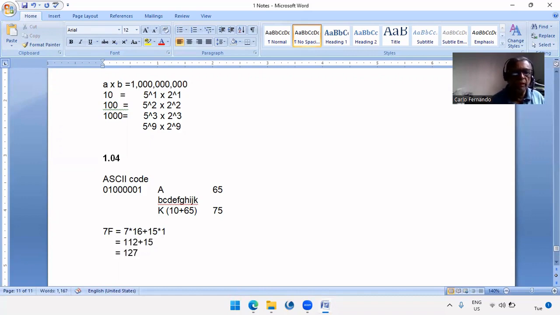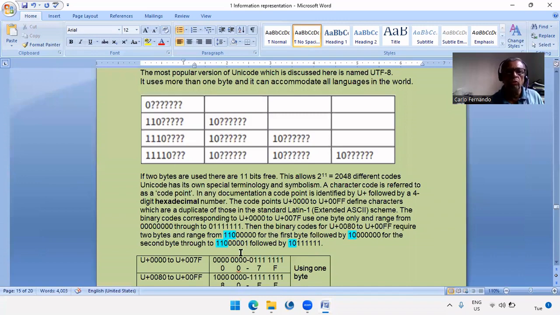It will become 128 codes with the 0 code also, using the 0 also, 0 to 127.